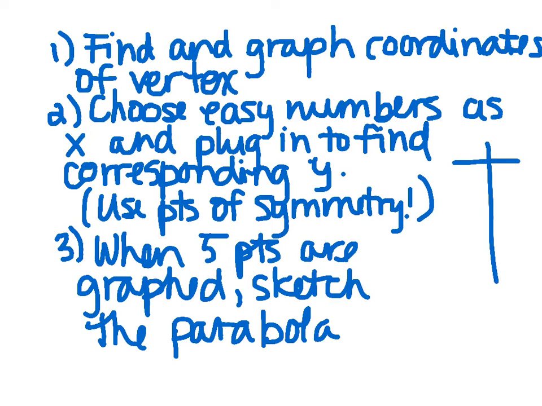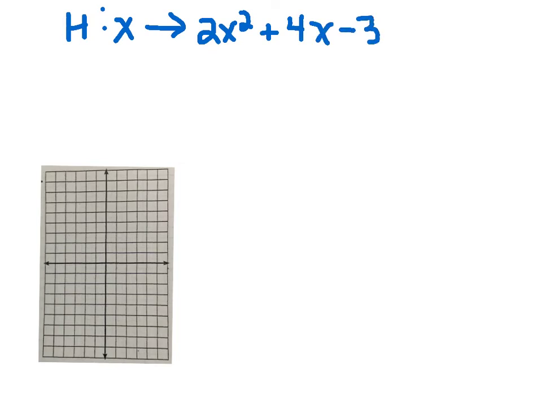Okay, let's do another example. I'm just going to do it. I'm not going to worry about the steps. So here we have h at x is represented by 2x squared plus 4x minus 3.